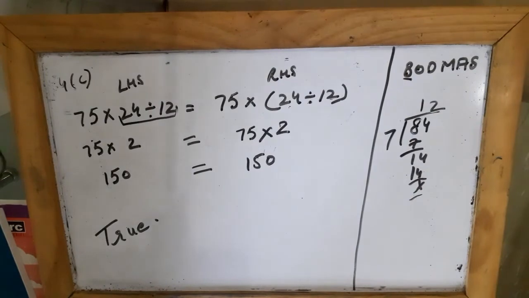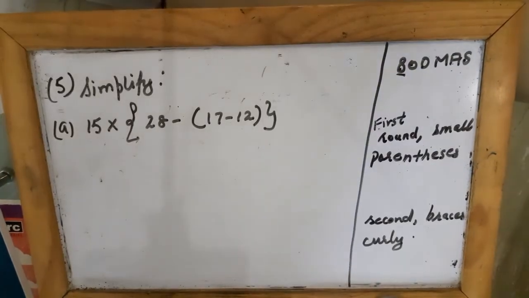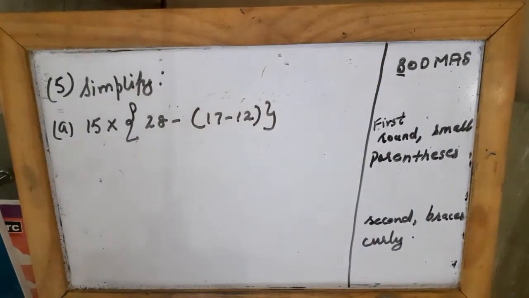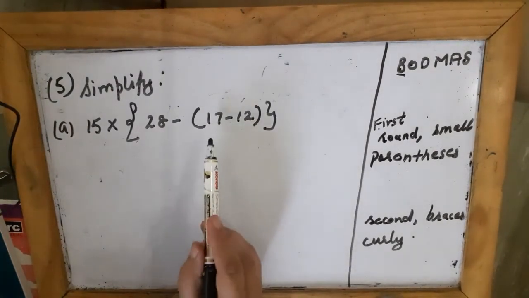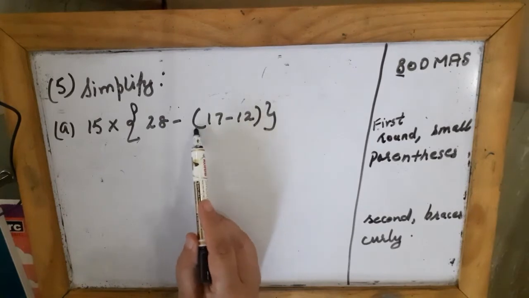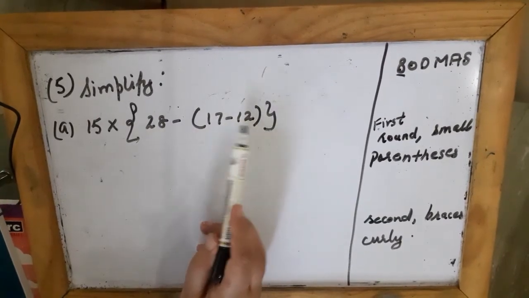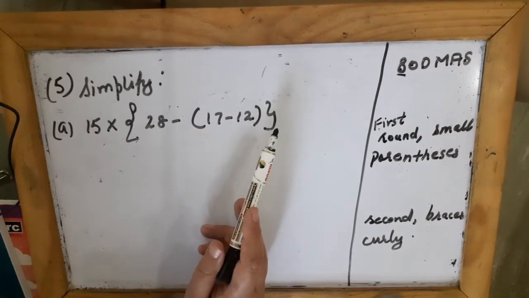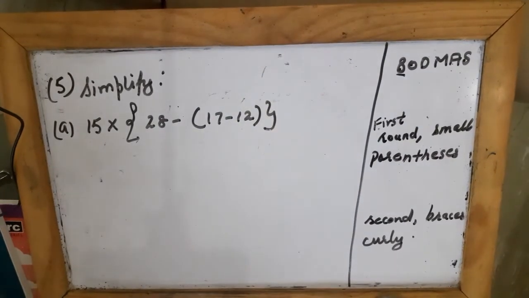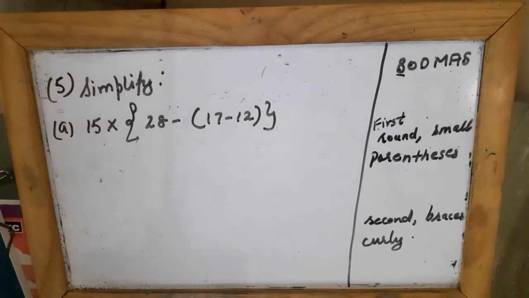Okay, now we come to the fifth question. In the fifth question you can see you have two types of brackets. One is this bracket. Can you see this is a different bracket and this bracket is different? Brackets are of many types, but in this you will study only about two types of brackets.